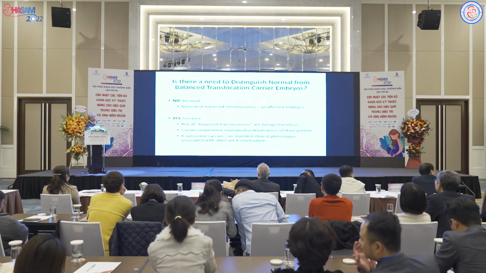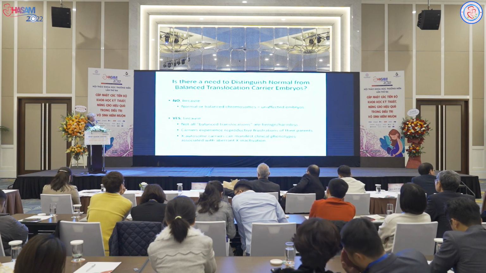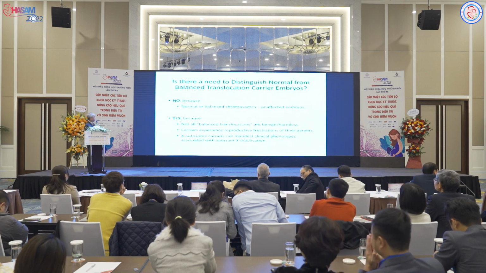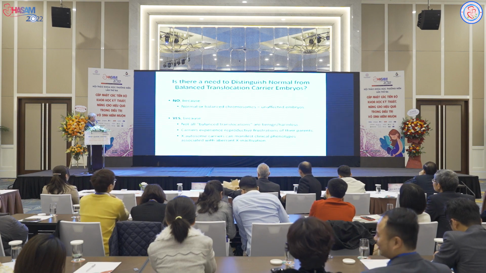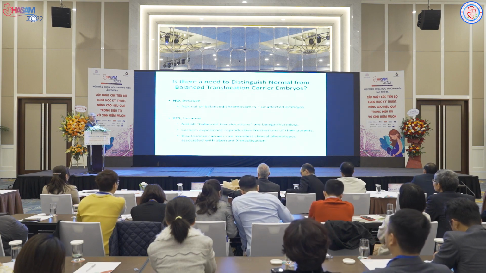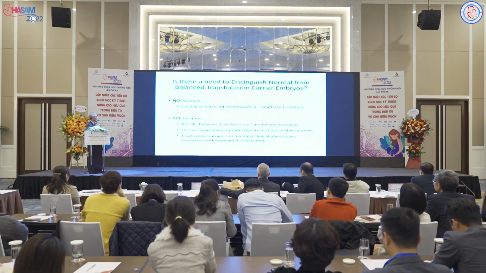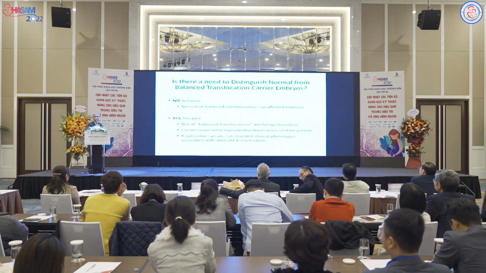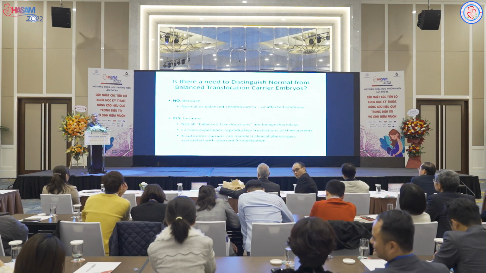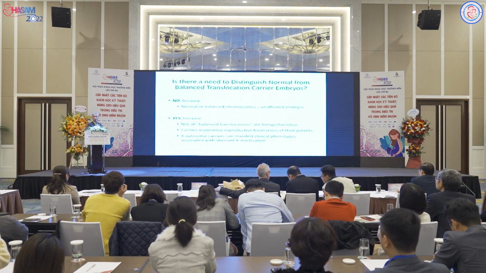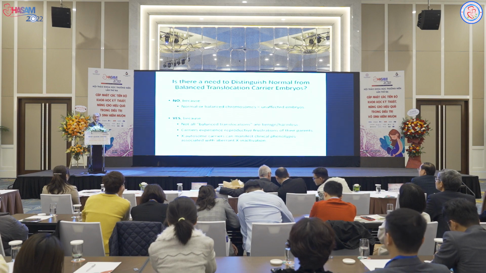But then I believe that there are those who feel that yes, it's useful to distinguish normal from balanced translocation carriers because not all balanced translocations are benign or harmless. Because even though a carrier may be clinically normal, the translocation may have disrupted a tumor suppressor gene, for example, and they may eventually be at a high risk for some malignancy.